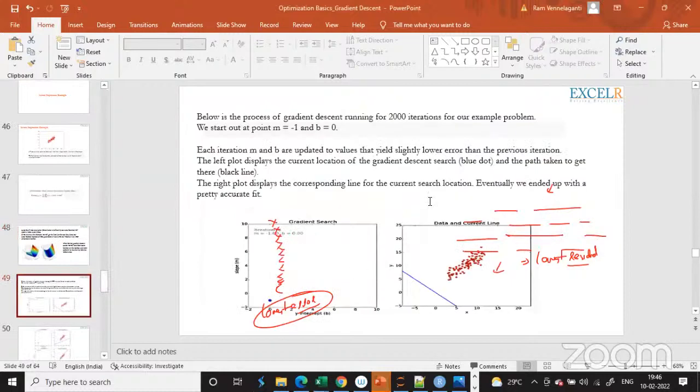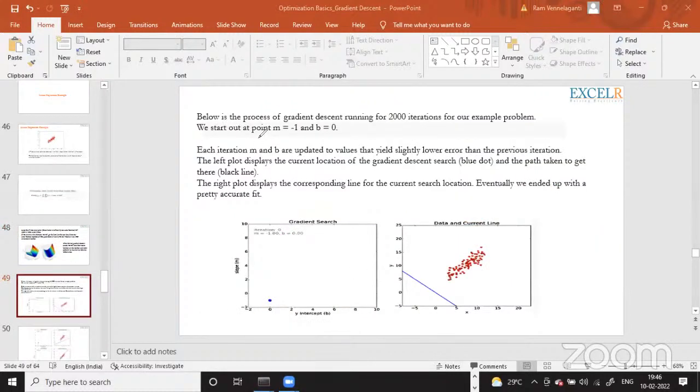Now, start with some random values for slope. M is equal to -1, B is equal to 0. I'm starting with some random values for my parameters.